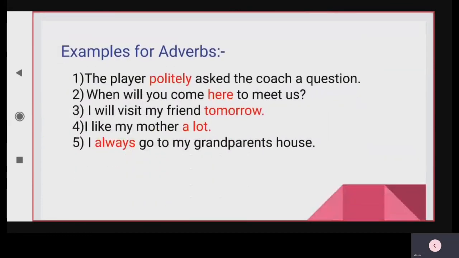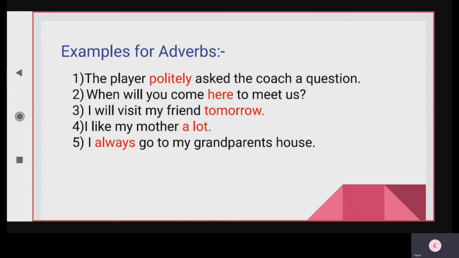First one, the player politely asks the coach a question. Second one, when will you come here to meet us? Third one, I will visit my friend tomorrow. Fourth one, I like my mother a lot.